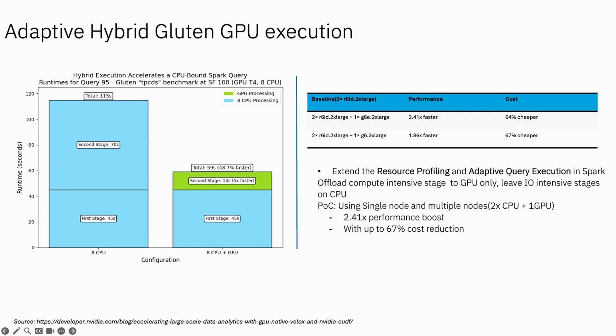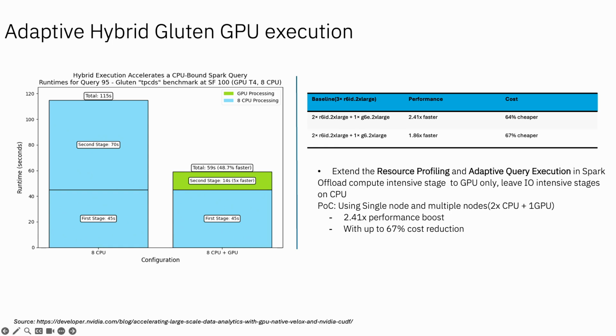So we introduce a different mechanism. We are trying to introduce a new concept called adaptive hybrid execution. So basically, we leave those IO-intensive stages on CPU, and then we offload those compute-intensive stages onto GPU.